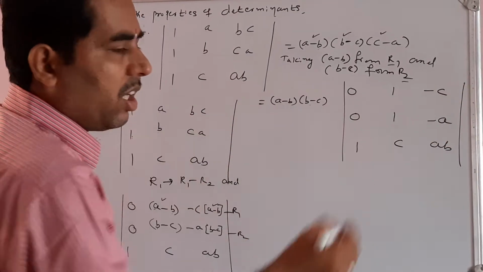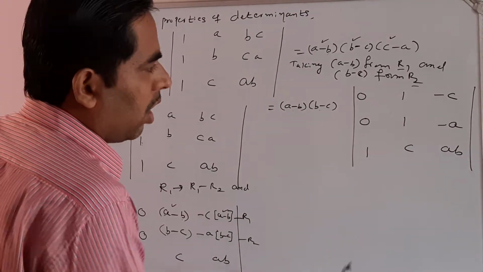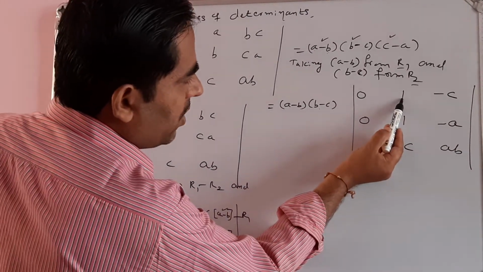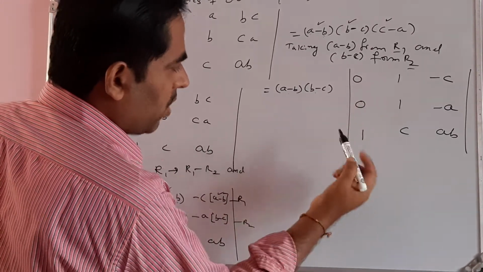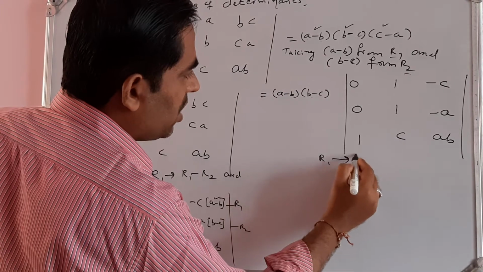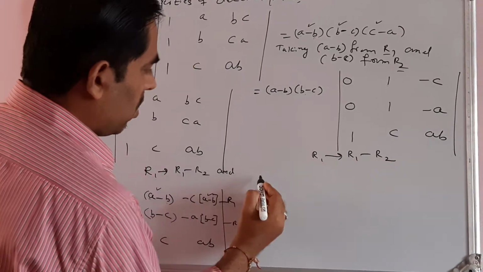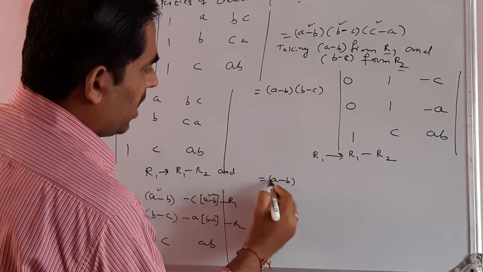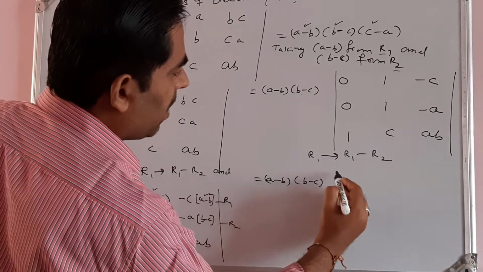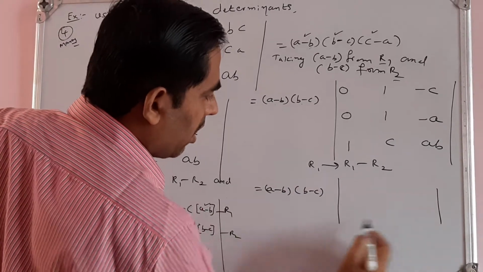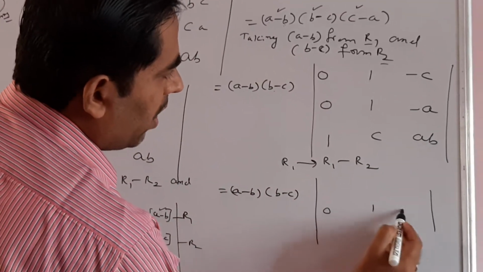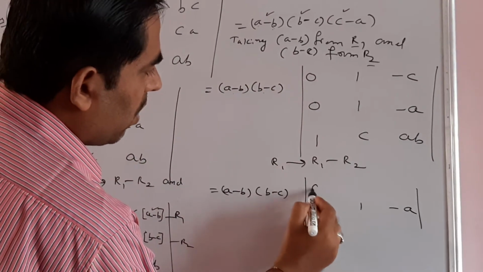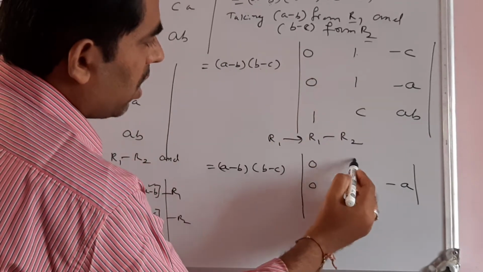So we can expand along the first row. Or still I can reduce this to 0. 1 minus 1, 0. So I can make one more operation: R1 changes to R1 minus R2. So what I will get is A minus B into B minus C, then I will write the determinant here. R1 minus R2, and the second row I will write as it is. 0 minus 0, that is 0. 1 minus 1, that is 0.